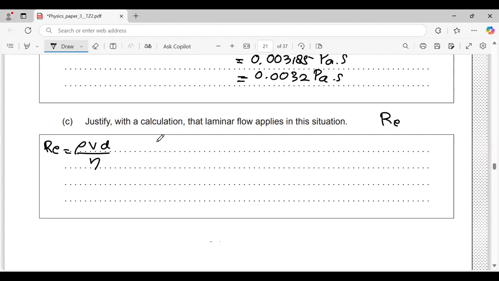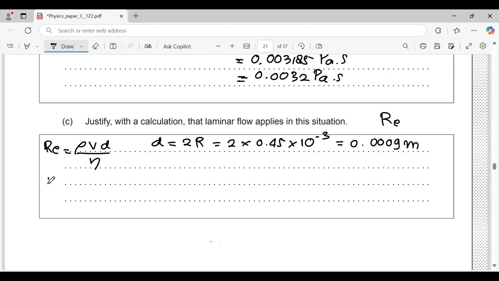But I would like to calculate the diameter first. The diameter of the bubble is 2 times the radius. So 2 times 0.45 times 10 to the power minus 3, and it is 0.0009 meters.